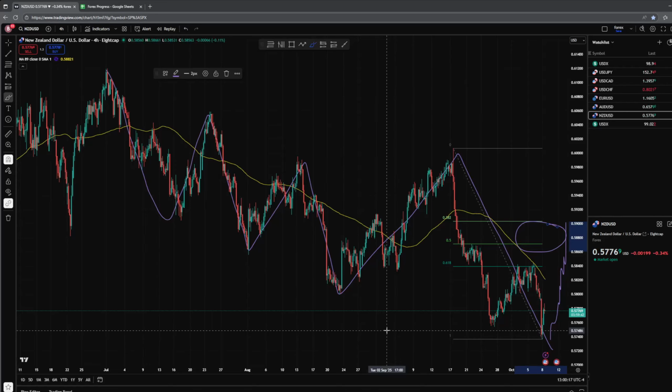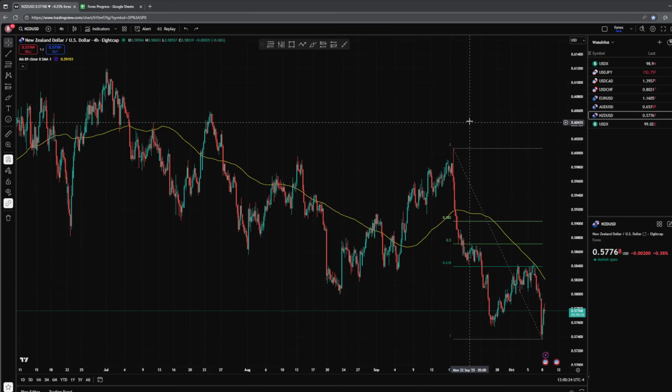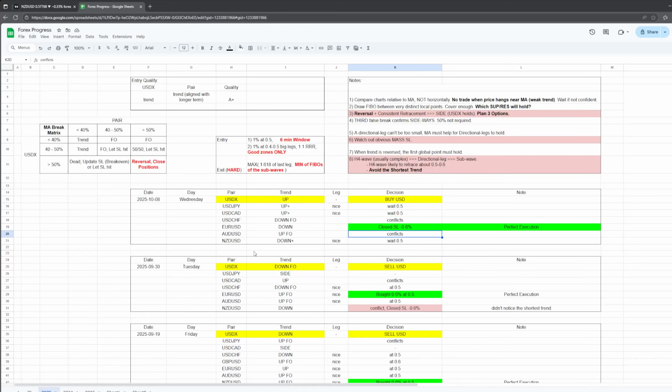That would be a perfect opportunity to buy USD. Until then, we gotta wait. So let's write it down. New Zealand dollar USD trend is down, meaning USD is getting stronger. Leg size is nice. Our decision is to wait for 50% retracement.